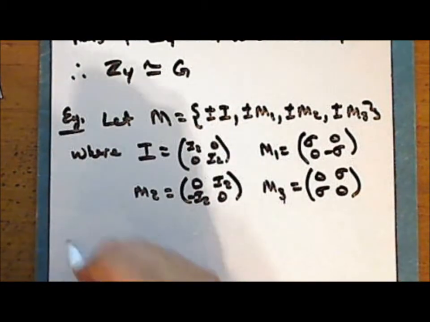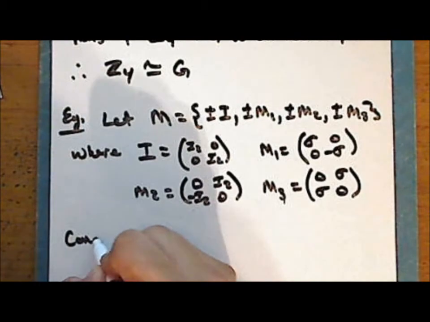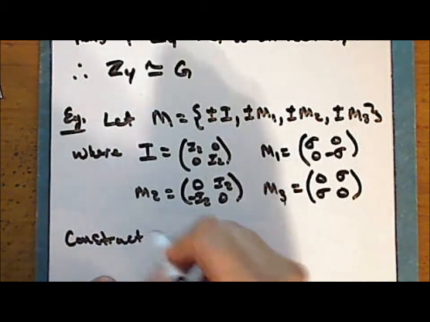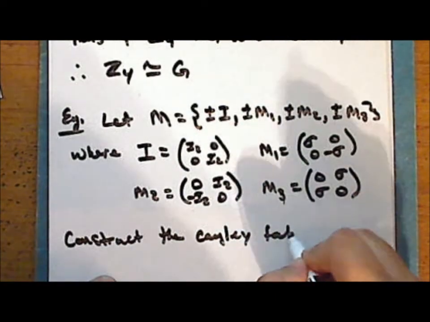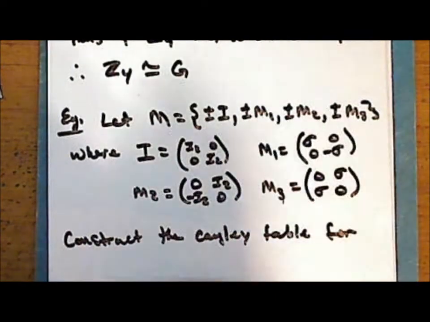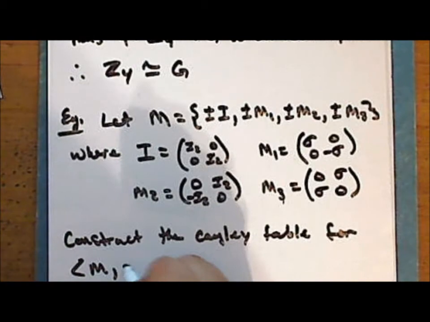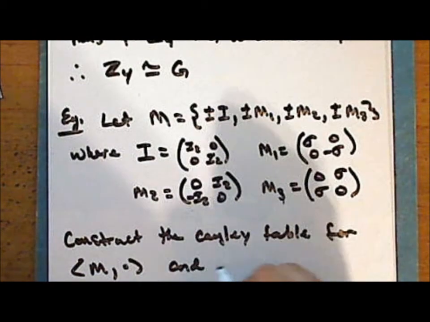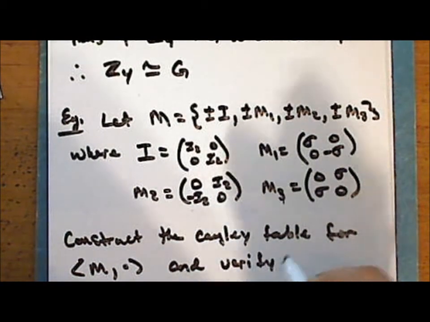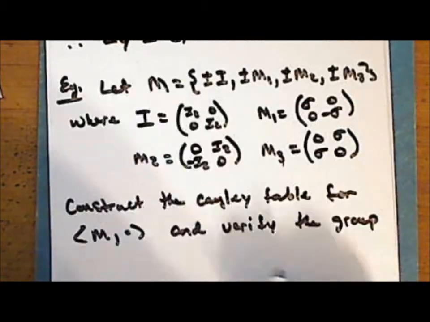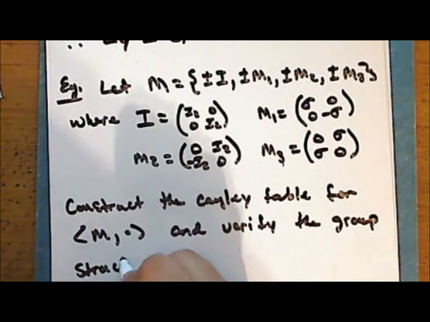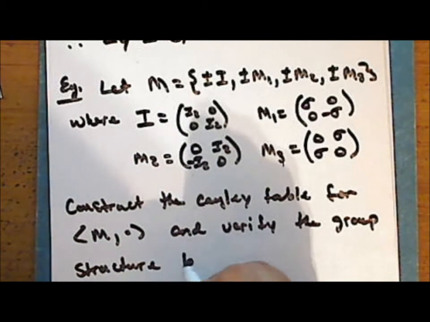So we are going to construct the Cayley table for the set M under multiplication and verify the group structure by definition.